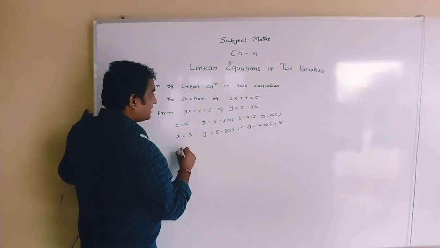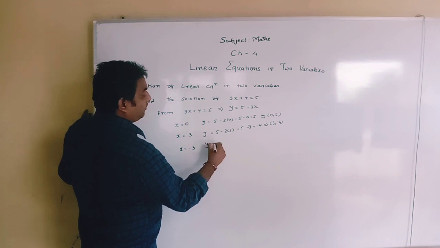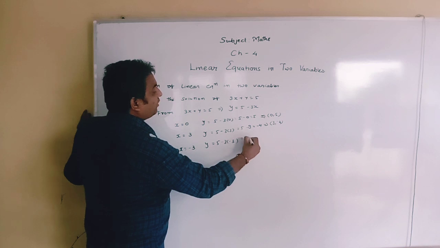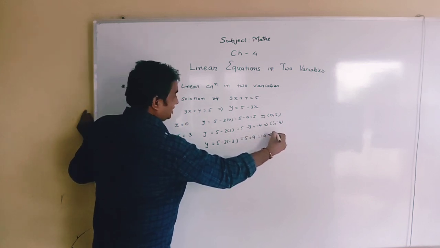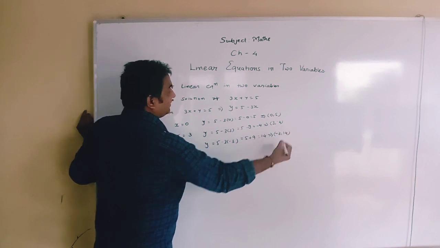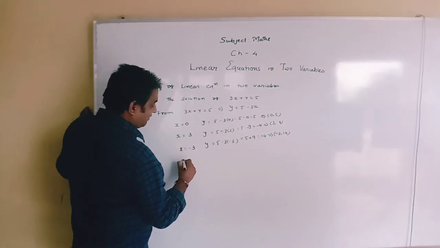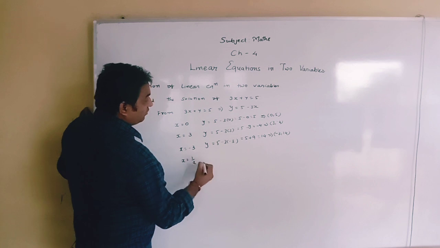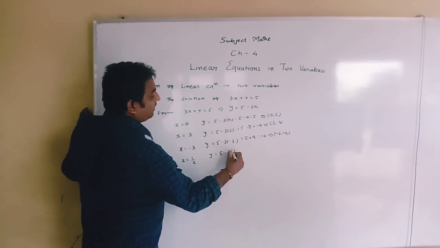Suppose we take x equals minus 3. Then y we get 5 minus 3 into minus 3. So minus minus is plus, so 5 plus 9, 14, and so we get (-3, 14). Suppose we take x equals 1 by 2 and y equals 5 minus 3 into 1 by 2.